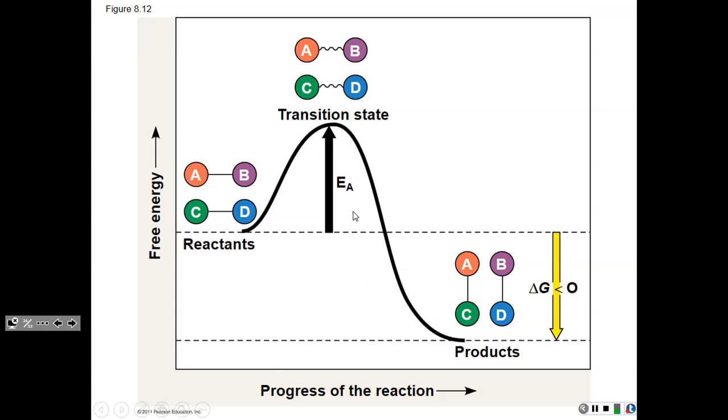The energy that you need to invest into this system to achieve the transition state, to get past that hump, that energy's got a fancy name. We call that the activation energy for that particular chemical reaction. A lot of times, at least in non-living things, that activation energy just comes from heat.